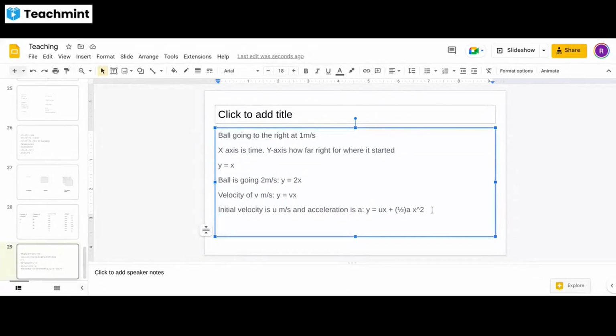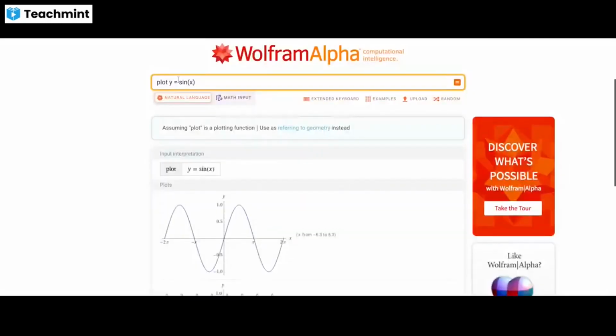So if u's initial speed is 1 meter per second and a is equal to 1 meter per second squared, then I get y is equal to x plus x squared. Correct? So let's try to plot this and see how it looks. It's a half. So let me plot it.